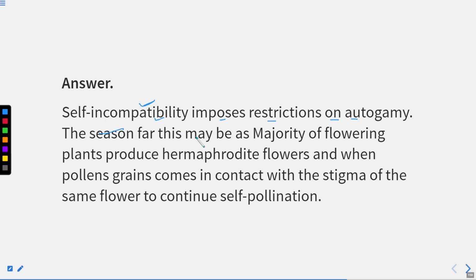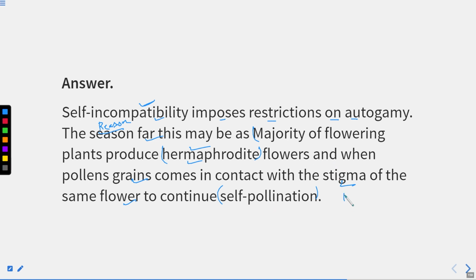The reason may be that the majority of flowering plants produce hermaphrodite, or bisexual, flowers. Because of this bisexuality, the pollen grains come in contact with the stigma of the same flower, and there is repeated self-pollination.